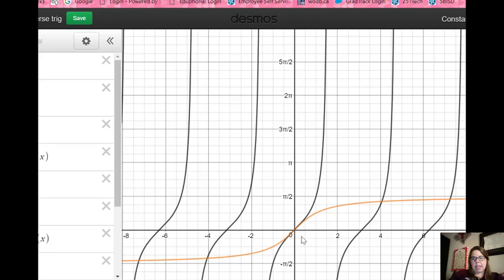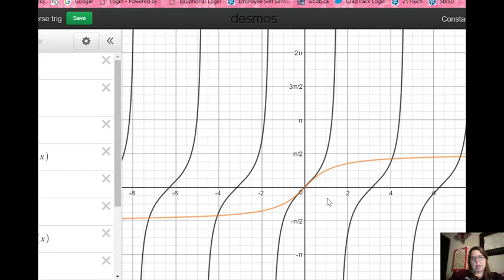And so we don't need the whole picture. We can add 180 or we can add 360. So that's why we add 180 or 360 to those things.